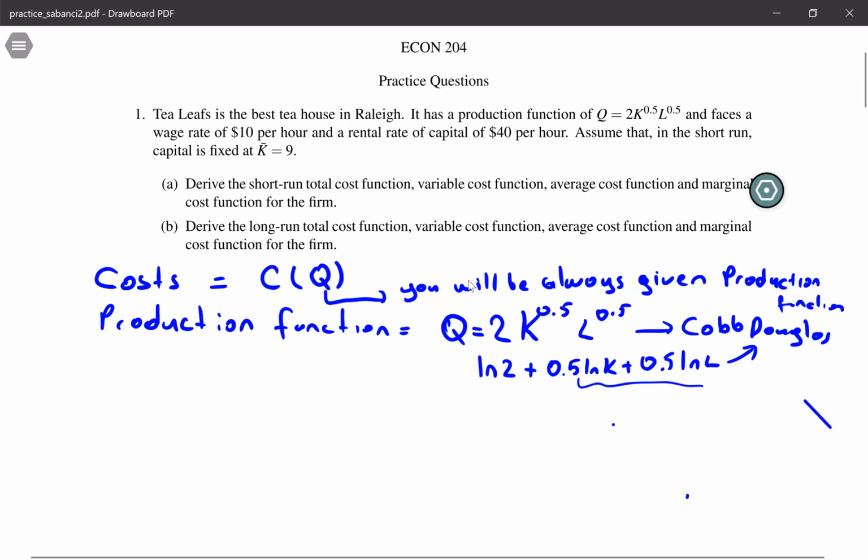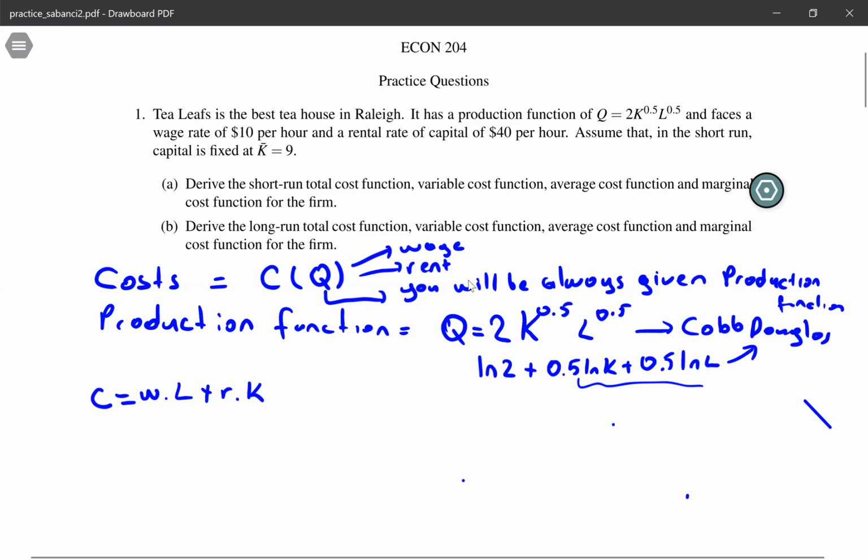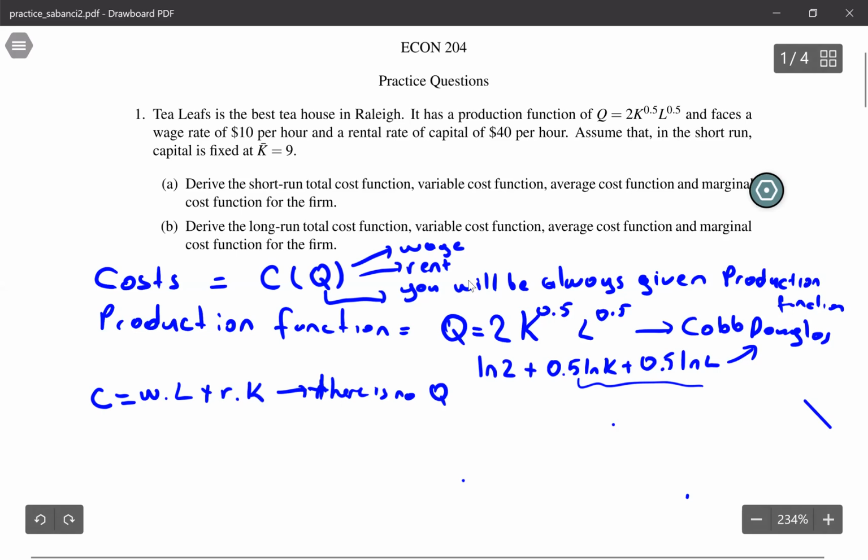Then, since this is about cost, you will also be given the wage and rent. In fact, the cost is the wage times L plus R times K. But here, as you can see in this simple formula, there is no Q, no output level.